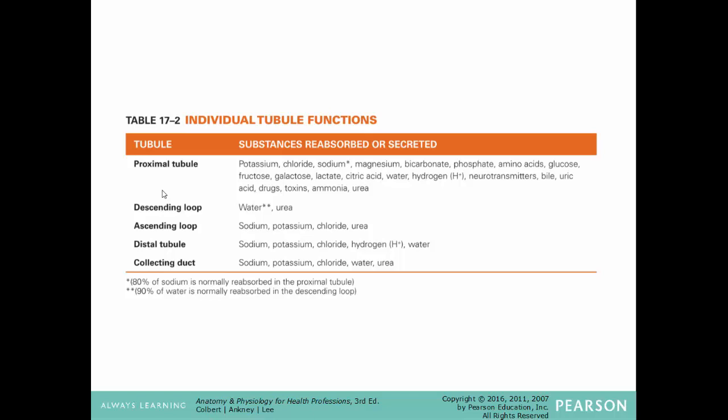See the descending limb is permeable to water and not much else. The ascending loop will pump out sodium and potassium and chloride ions and then urea. The distal tubule and collecting ducts, those are under hormonal control also. So different parts of the tubule are able to reabsorb or secrete different material at different rates.